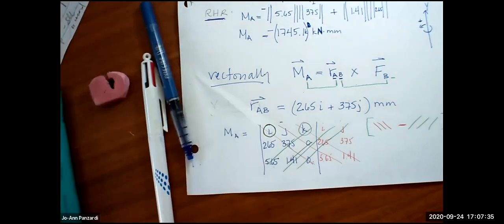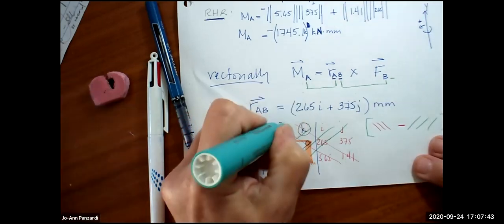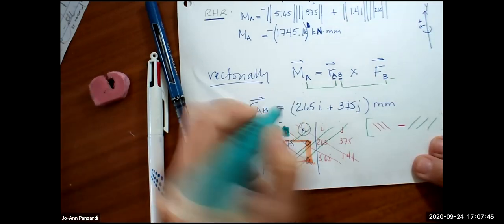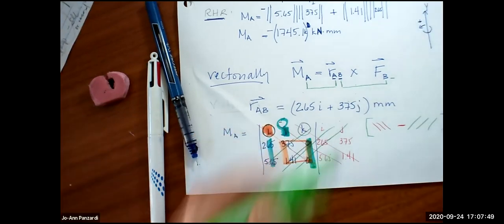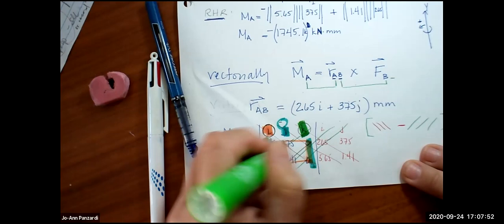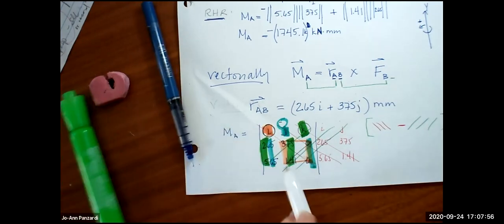So you take the orange and this determinant, you take the J, but you have to remember that it gets a negative, and you do this and this, or you do the K and you do this and this. So basically you are not using the column that the guy is in, all right?